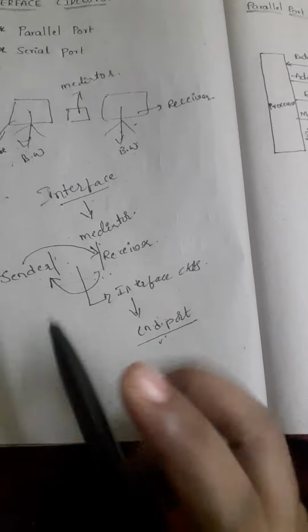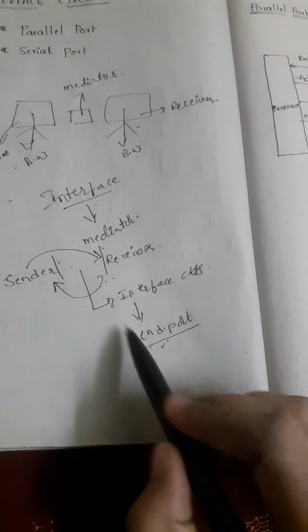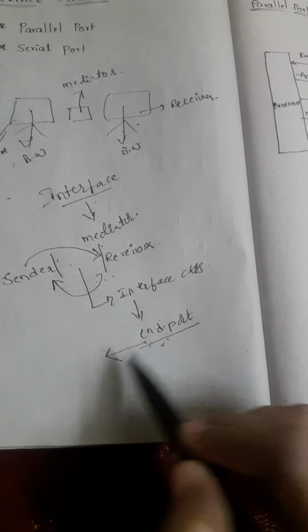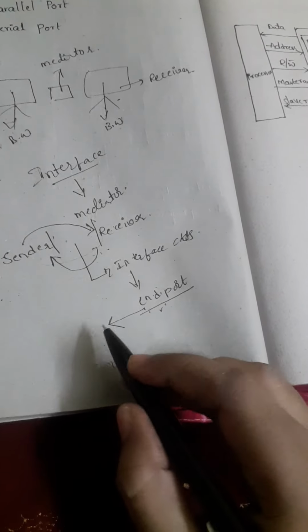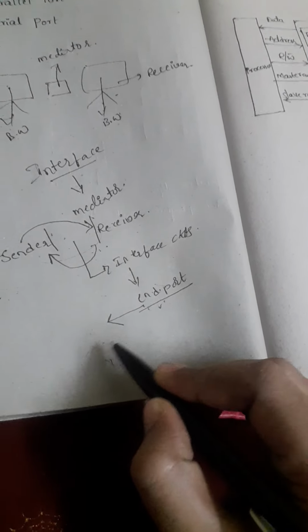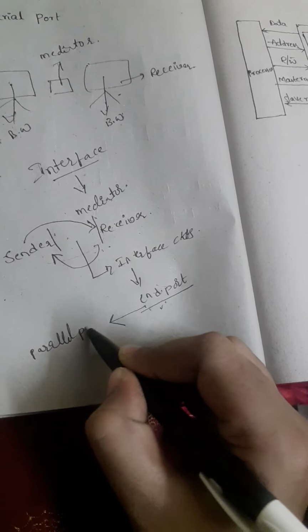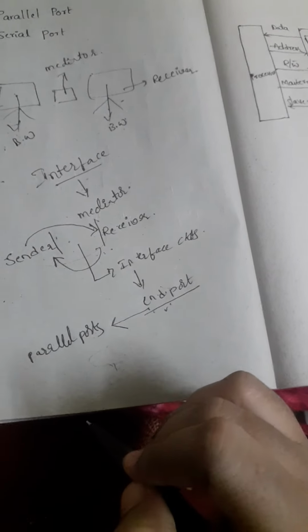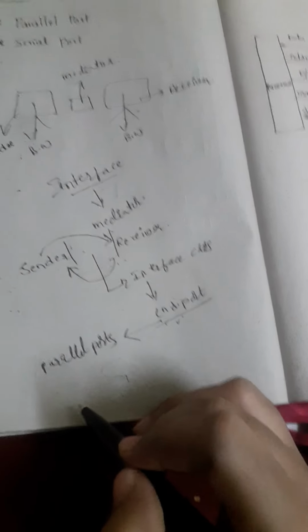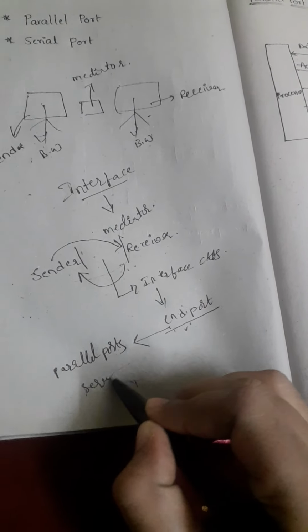So we have two ways for this endpoints connectivity. The first method is with the help of parallel ports, and the second method is serial ports.